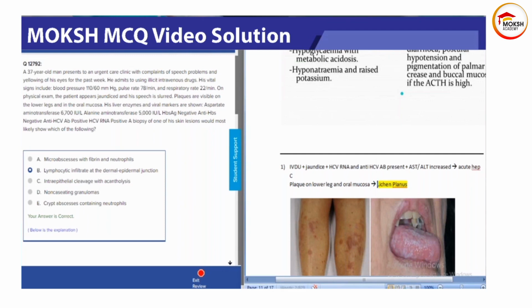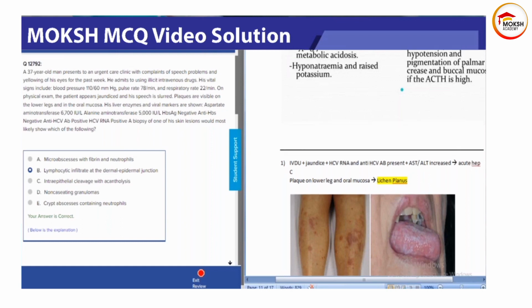Hepatitis C is associated with lichen planus. Actually, hepatitis C is associated with a lot of skin conditions, or extrahepatic manifestations. These extrahepatic manifestations are given in your First Aid book in microbiology. You can have a look at that. One such manifestation is lichen planus.